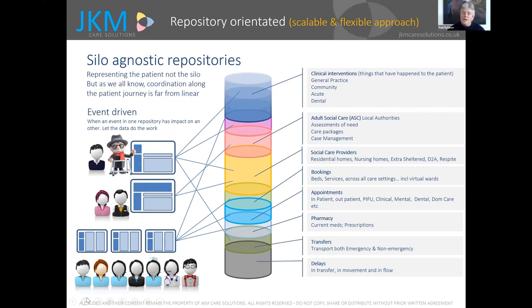So before a patient finishes their clinical interventions, we'd like to organize the pharmacy, we'd like to organize the patient transport, we'd like to organize the communications that may go out to families or carers or to the patient themselves. And all those things need to happen, and the result of them happening may be linear, but the organization and coordination of them is far, far from it.